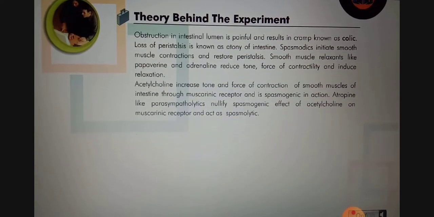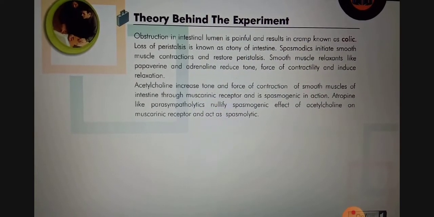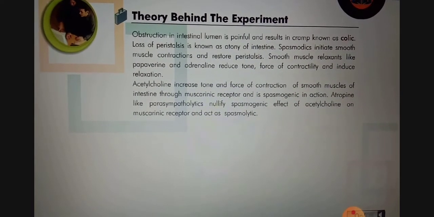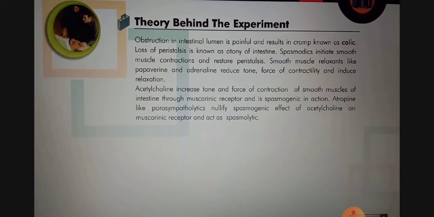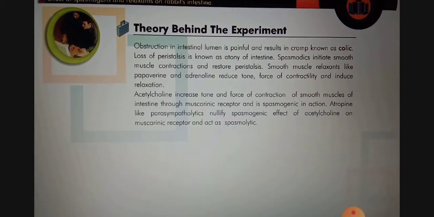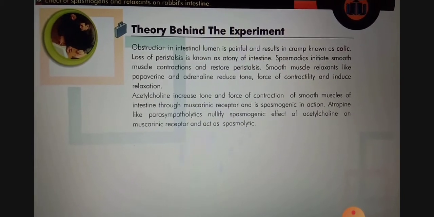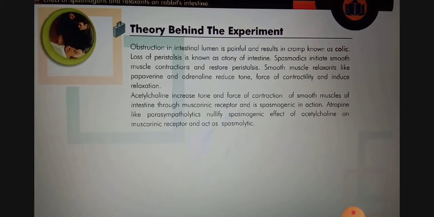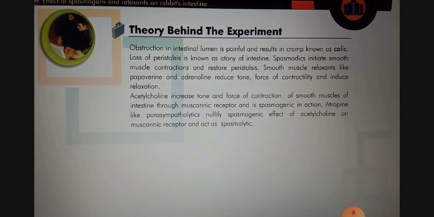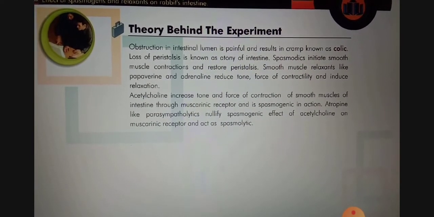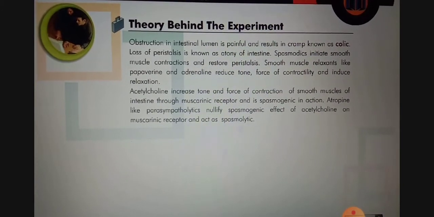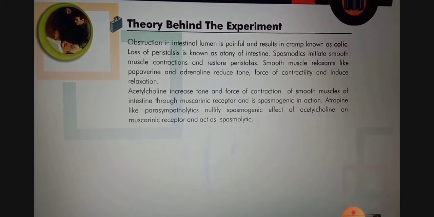Okay, so this atropine-like parasympatholytic nullifies the spasmogenic effect of acetylcholine on the muscarinic receptors, and thereby it acts as a spasmolytic drug. Okay, so acetylcholine is a spasmogenic drug and atropine is a spasmolytic drug. It produces the opposite effect to that of acetylcholine, meaning it nullifies the effect of acetylcholine.